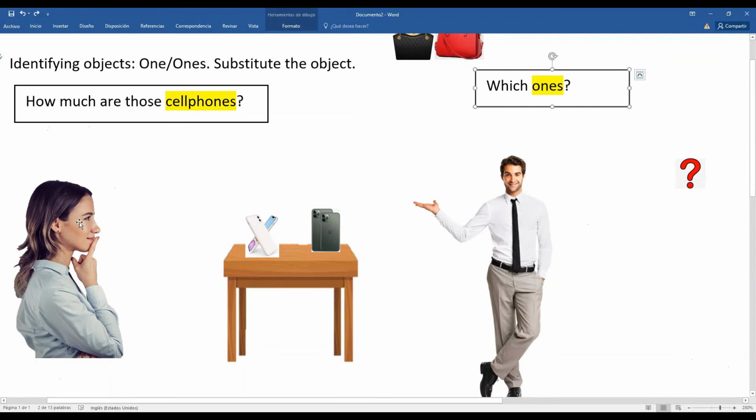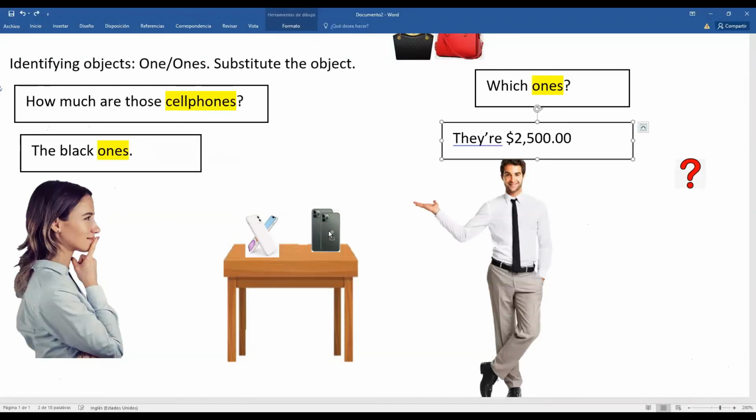Then she proceeds to specify which of the cell phones she wants to know about. And then she says, the black ones. So immediately, the man forgets about the white ones and focuses his attention on the black ones because it's specified now. And then he proceeds to say the price. They are $2,500.